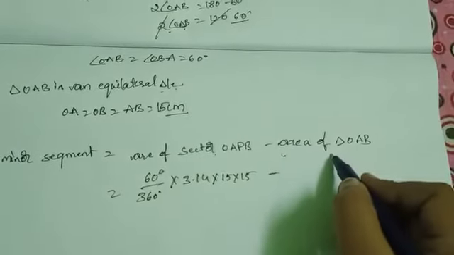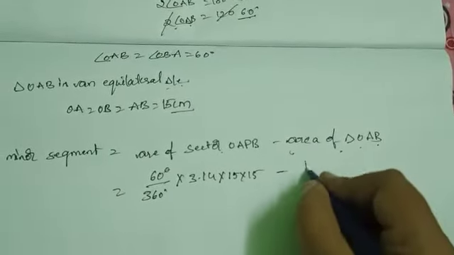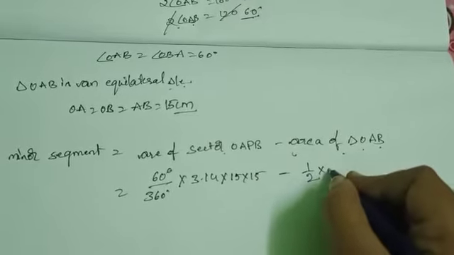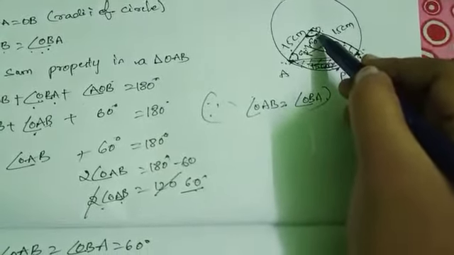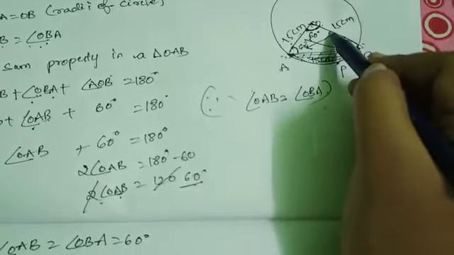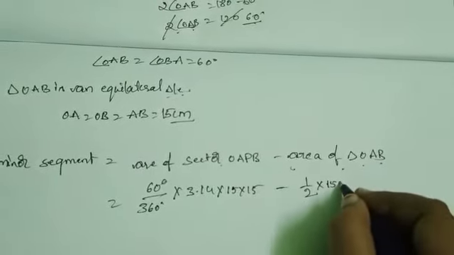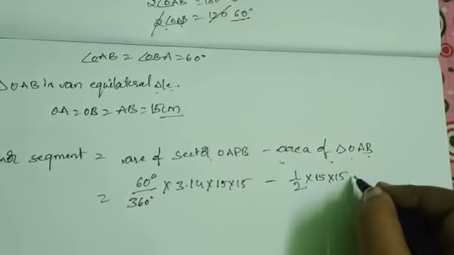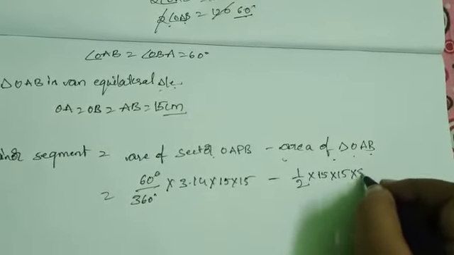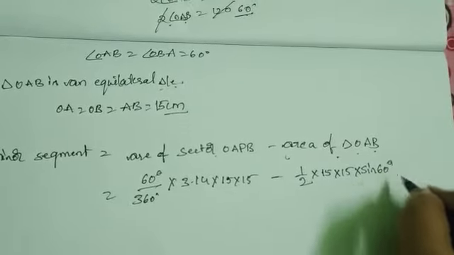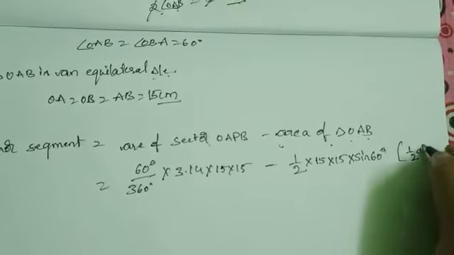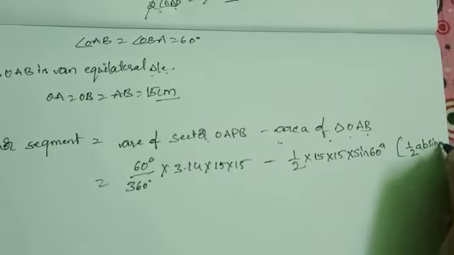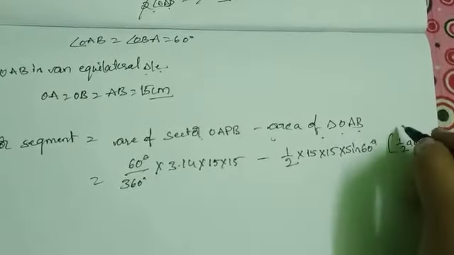The area of the triangle OAB is half into a into b into sine C, the two sides with the included angle: half into 15 centimeters into 15 centimeters into sine 60 degrees. This is the formula for the area of a triangle.